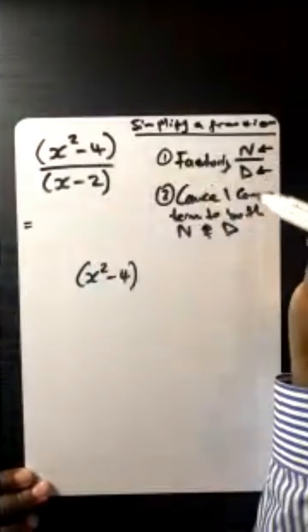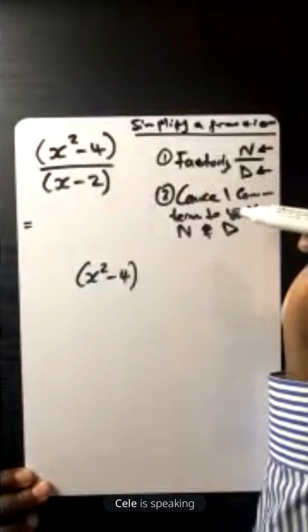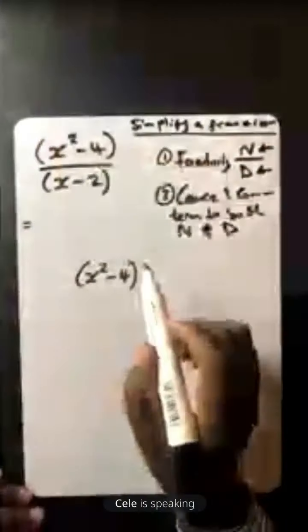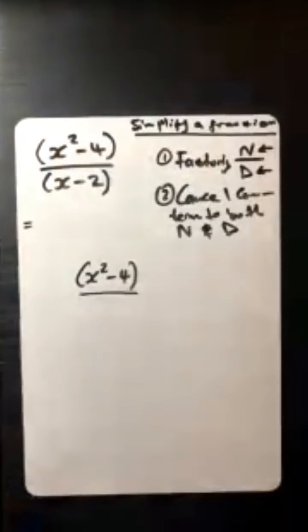Remember, it does not mean both numerator and denominator can possibly be factorized. You might find that a numerator can be factorized, but a denominator cannot. So let's see. I'm not sure if you guys are able to factorize this thing.